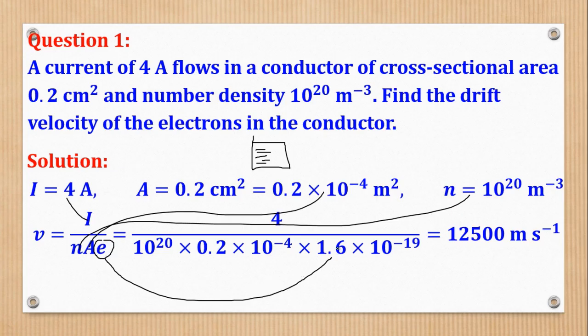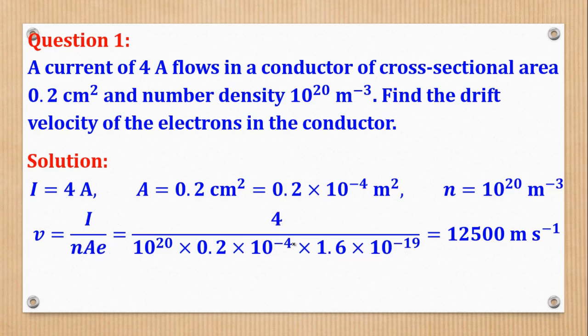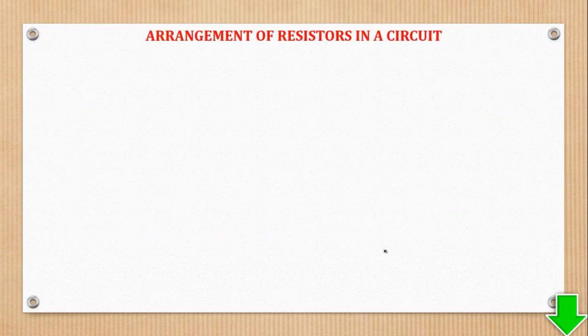And this electronic charge is one of them. So when I use a calculator, I'll come up with this as the drift velocity. So that was a brief introduction.